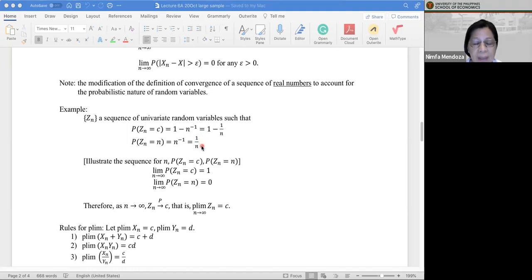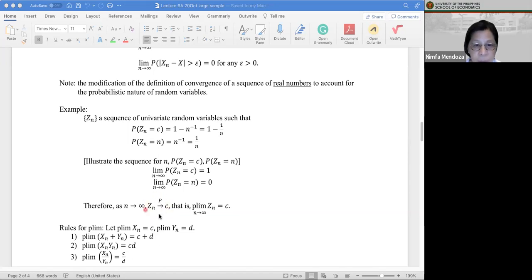Note that there are only two possible outcomes, right? Either C sub n is equal to C or C sub n is equal to n. It can be shown that as n approaches infinity, C sub n approaches C in probability.